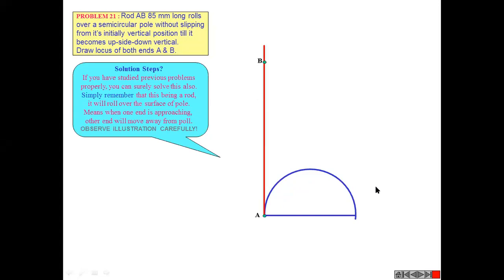So this is the red rod AB, and this is the semicircle. Now the semicircular shape's pi d length is given here, and we will divide that pi d into equal parts. Why we are dividing pi d, I will tell you later.